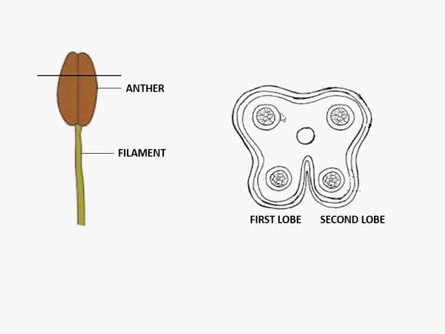Each chamber consists of a microsporangium, and these two lobes are joined by a connective tissue which consists of a vascular bundle which supplies the nutrients to the anther lobes.